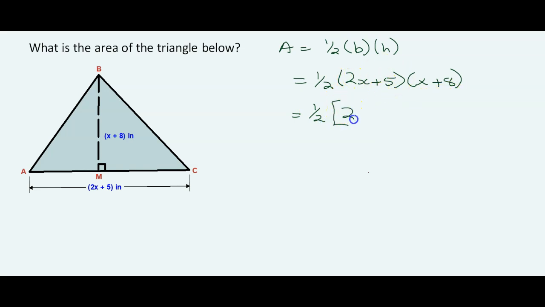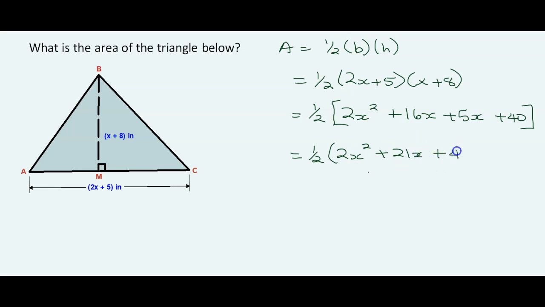This is going to be 2x squared plus 16x plus 5x, and then plus 40. So this is 1/2 times 2x squared plus 21x plus 40. Now we can divide everything by 2 or multiply everything by 1/2. So this is going to be x squared plus 21 over 2 x plus 20, and this is in square inches.